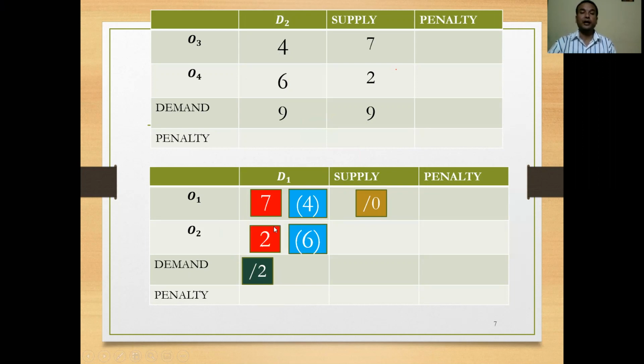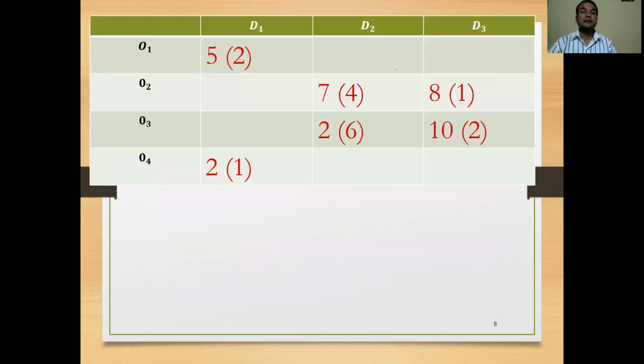So our total requirement is finished, total supply item is also finished. Therefore these are zeros, and this whole part becomes 0. Okay, then we go for this table, meaning allocated cells, or we say evaluated cells, and these are evaluated cells.